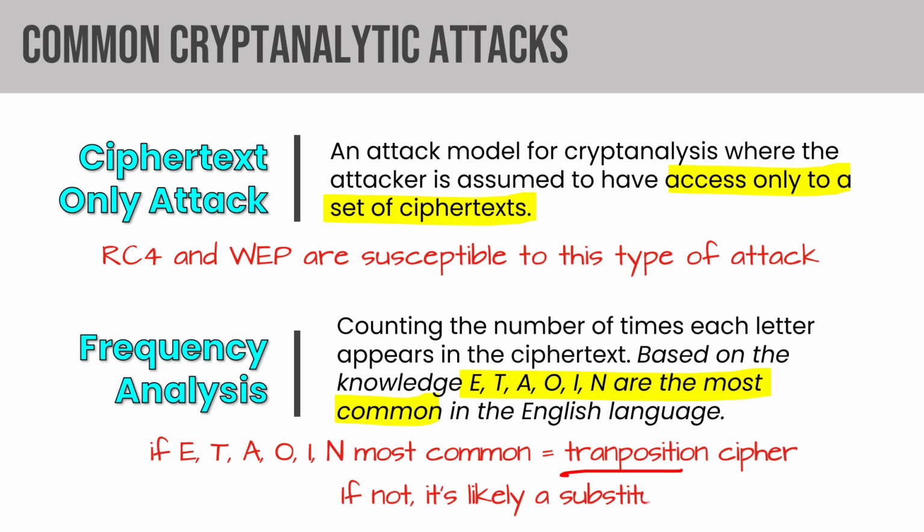And if not, it's likely a substitution cipher. So a substitution cipher would have basically a key, a map, and you're essentially replacing a letter with a different letter or a pair of letters or even triplets or mixtures of all the above.